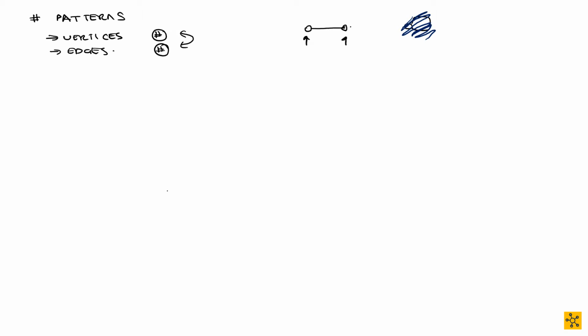And we're going to try and investigate to see if we can come up with some sort of formula which will connect the two of them. So connect the fact that we have two end vertices with how many edges we have in our graph.